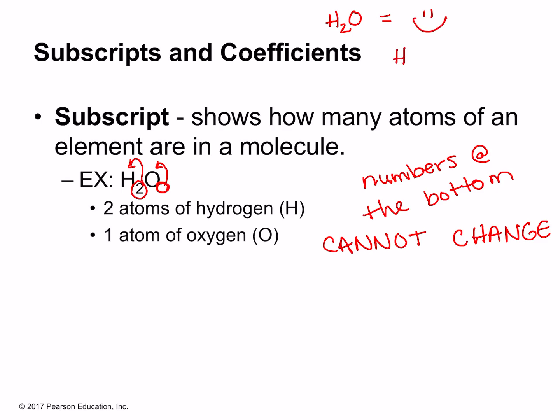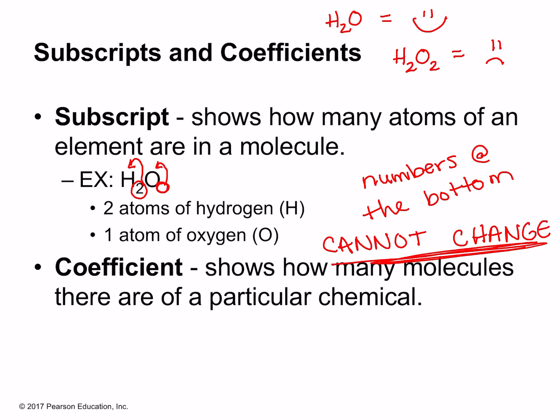This is hydrogen peroxide. It has a different subscript on the oxygen: instead of a 1, now there's a 2. You drink this, you don't live. So you drink water, you live. Hydrogen peroxide, not so great. So subscripts save lives. Make sure you don't change the subscripts, okay?